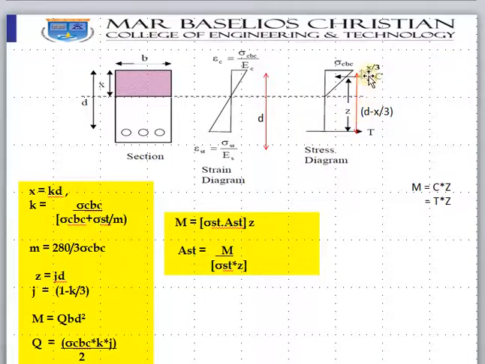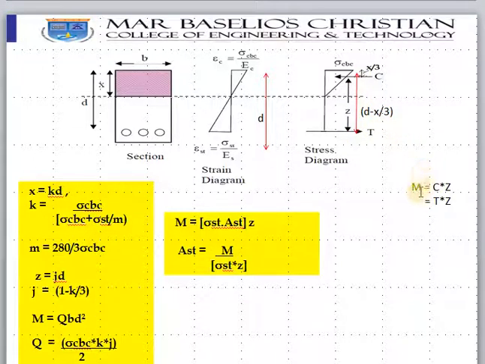The distance between tension and compression is called Z, the lever arm, that is d minus x by 3, because this compressive force acts at the CG of the triangle, which is x by 3 from the top. So the total is d, so d minus x by 3.